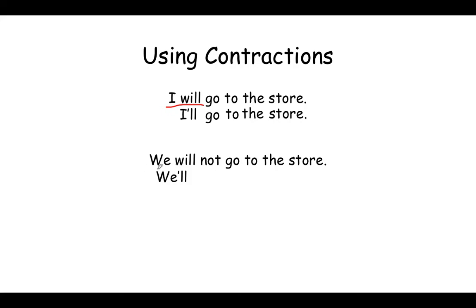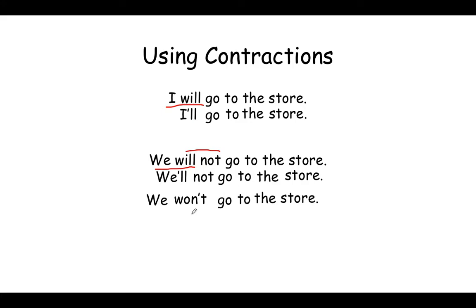We and will can be put together to say we'll not go to the store. Or you could put will and not together. So you could say we won't go to the store. So those are some of the contractions that you can make.